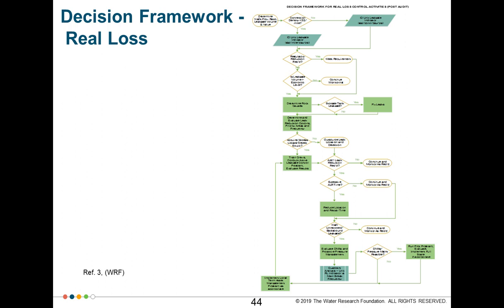This decision tree is focused on guiding a utility through post-audit consideration of real loss interventions. Once the economic level of leakage has been determined and/or regulatory requirements for real loss reductions are known, priority areas within the distribution system should be identified based on leak break histories, and the utility should evaluate its staff capabilities for conducting candidate activities before moving forward.